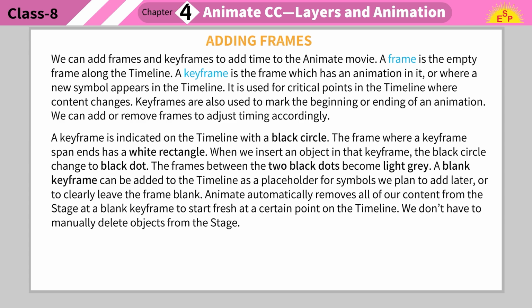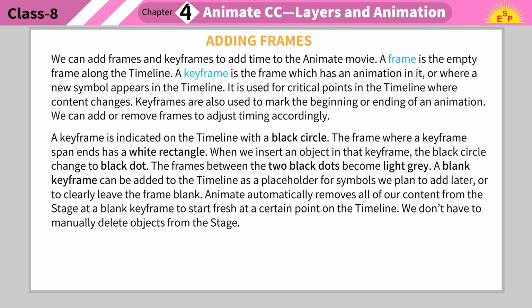A keyframe is indicated on the timeline with a black circle. The frame where a keyframe span ends has a white rectangle. When we insert an object in that keyframe, the black circle changes to a black dot. The frames between the two black dots become light gray.